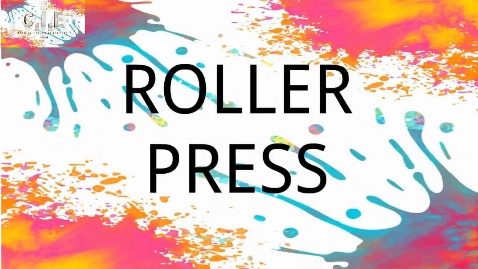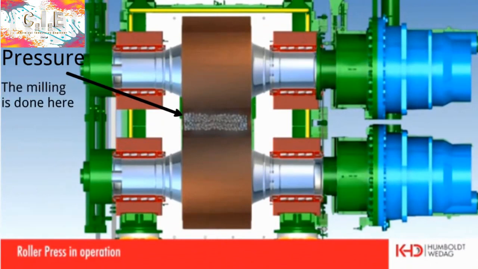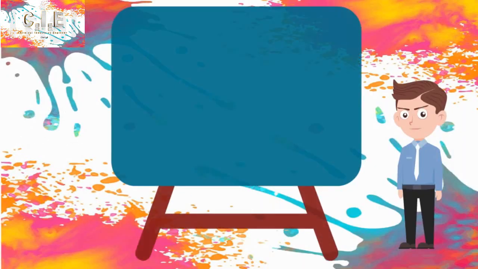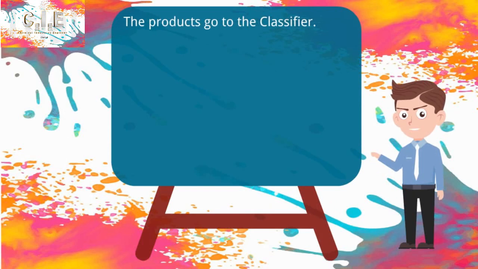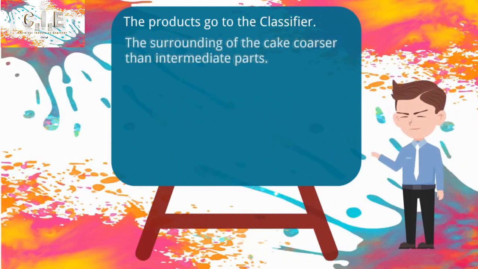The third type is the roller press. It works by using two rollers. The two rollers use pressure force between them to reduce the size of the feed, and the products become like a cake. The distance between the rollers affects the fineness of the products. After milling, the products go to a classifier. Often, the parts pressed by the edge of the rollers are coarser than the middle parts.